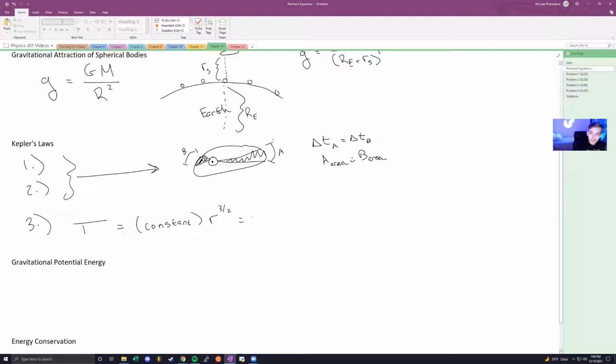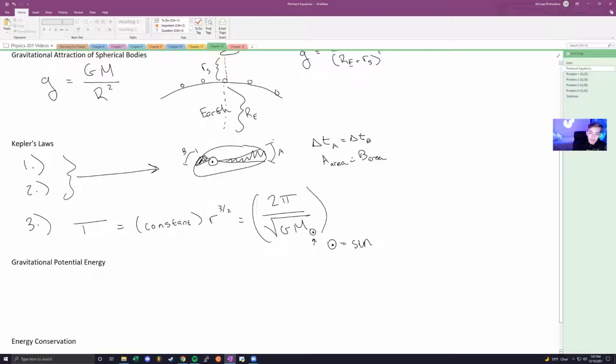Well, what is that constant? That constant happens to be 2 pi divided by the square root of G times the mass of the sun. I'm going to note it like that, and just know that this notation right here is just equal to saying sun.